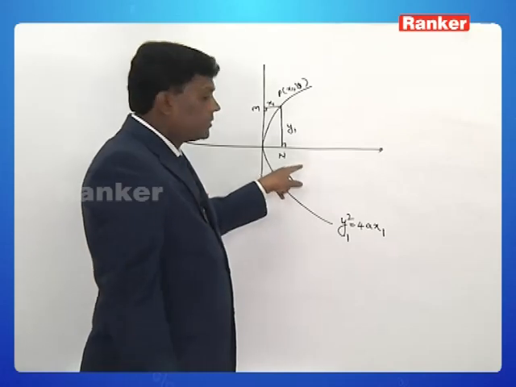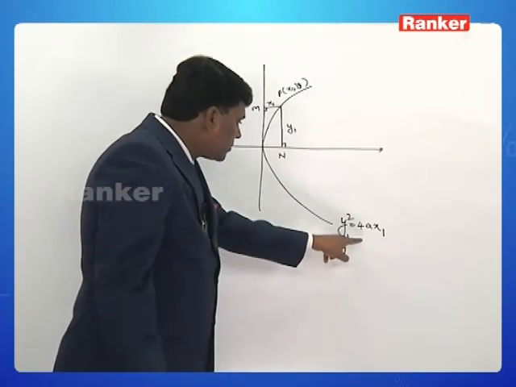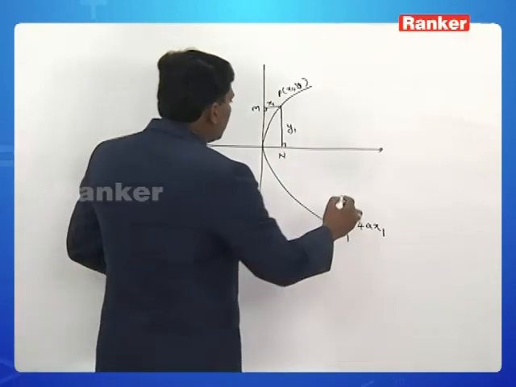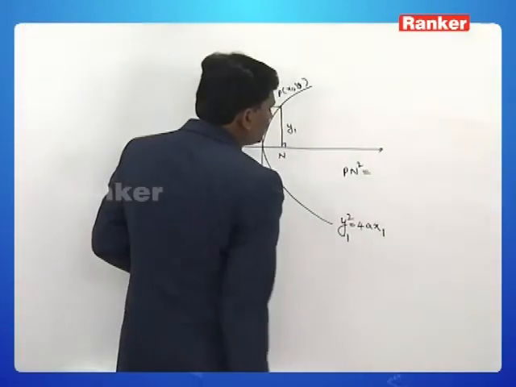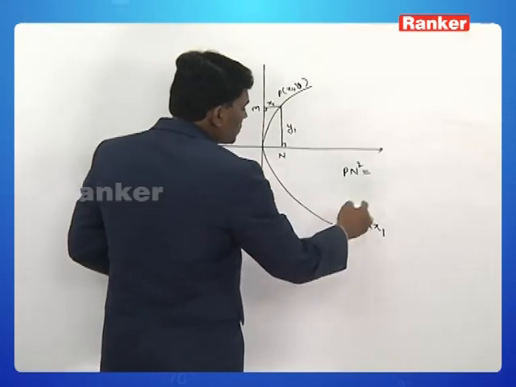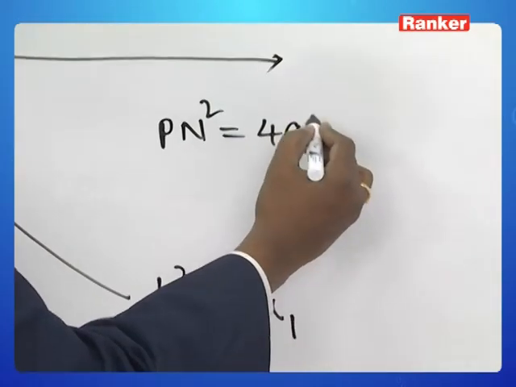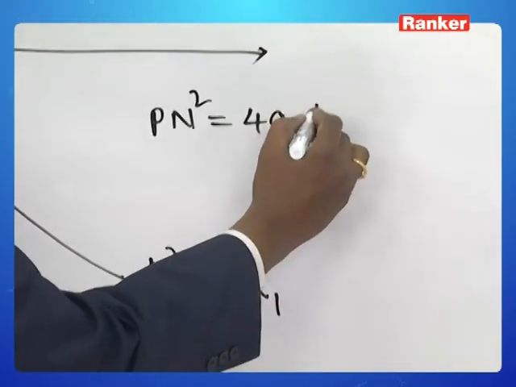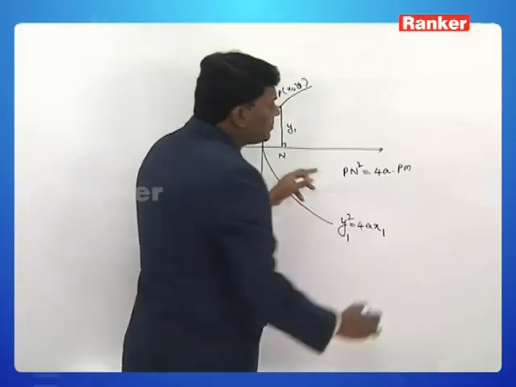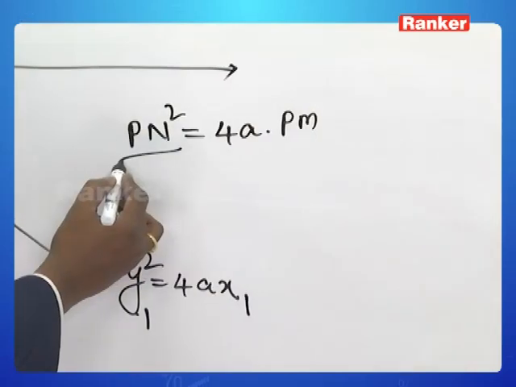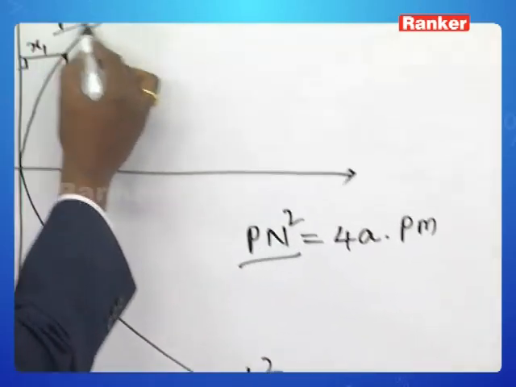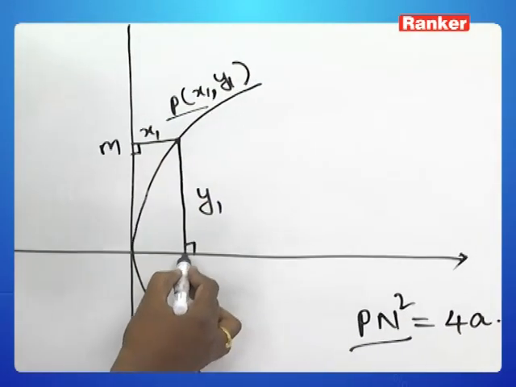Now, we can also write this equation as PN square, y1 square, equals 4a into x1, which is taken as PM in the diagram. Here, this PN is nothing but the perpendicular distance from the point to the principal axis.